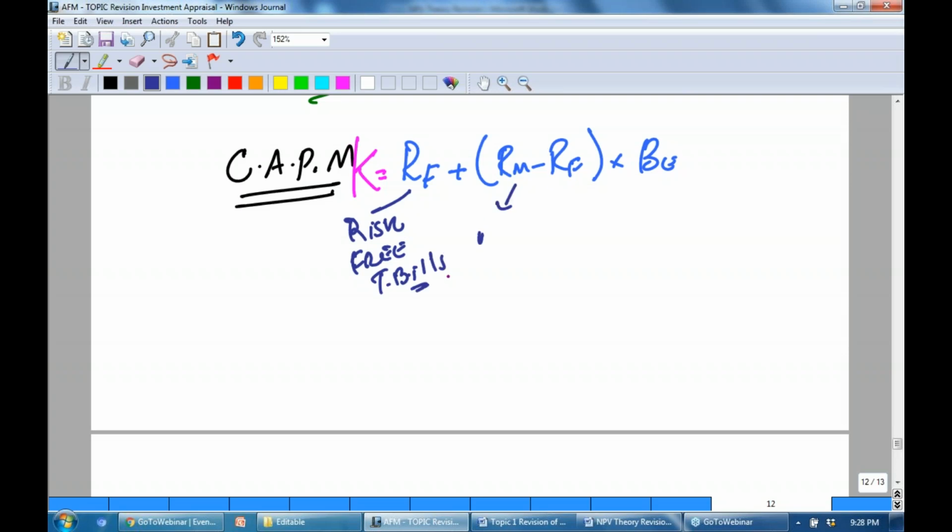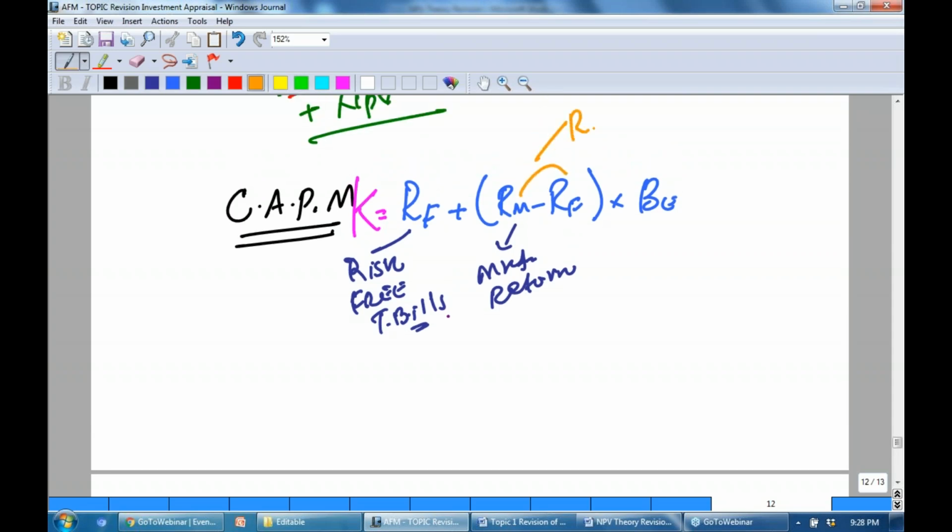RM means market average return, and RM minus RF, the difference between the market return and the risk-free rate, is the risk premium. Beta equity is the risk adjustment factor, and that risk adjustment factor has two components.